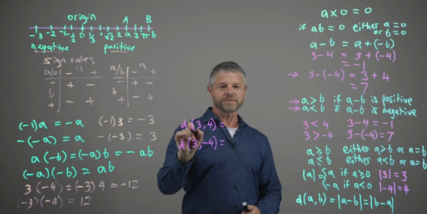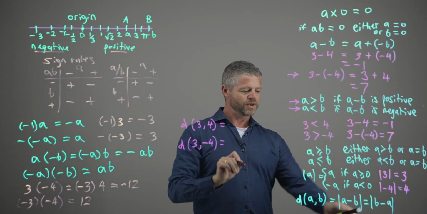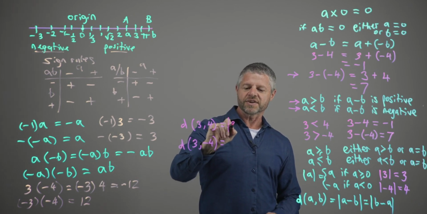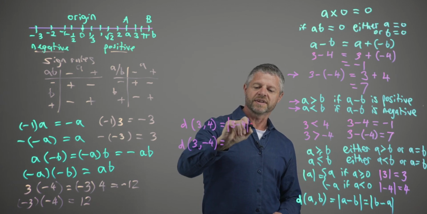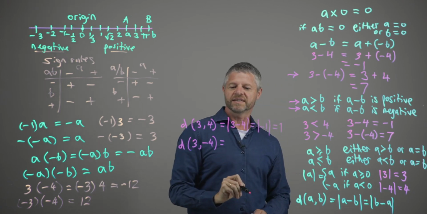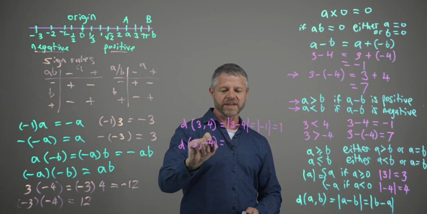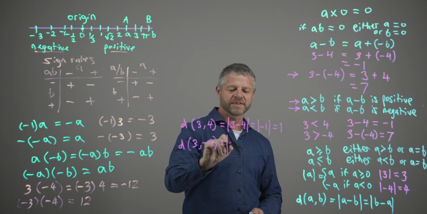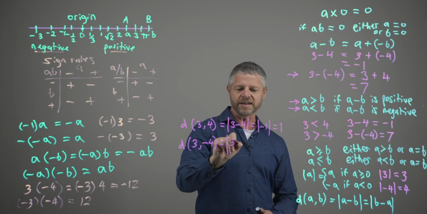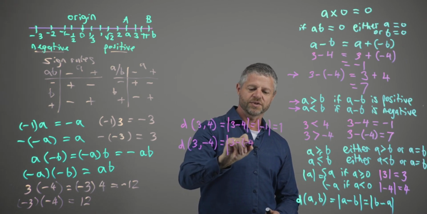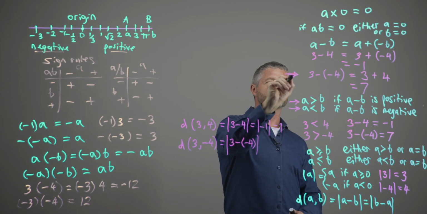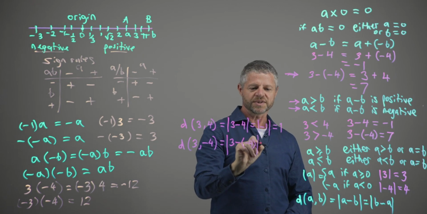So for the distance between 3 and 4, applying the definition, it's the absolute value of 3 minus 4, so the absolute value of minus 1, so 1. And then the distance between 3 and minus 4, applying the definition again, 3 minus minus 4, and we did this example up here, was 7.